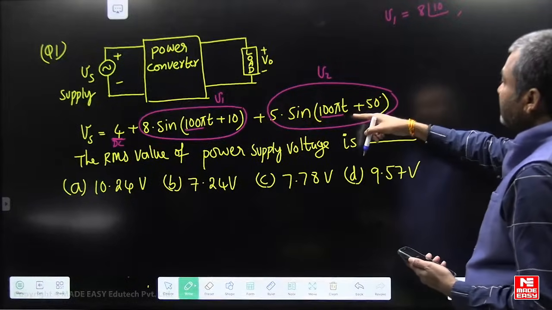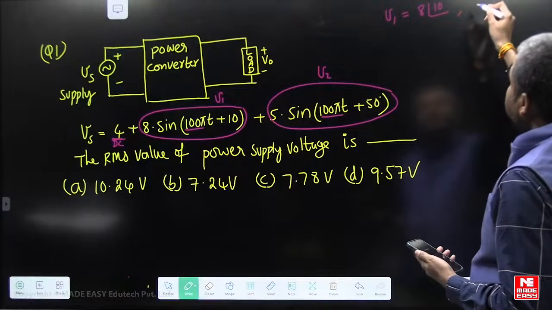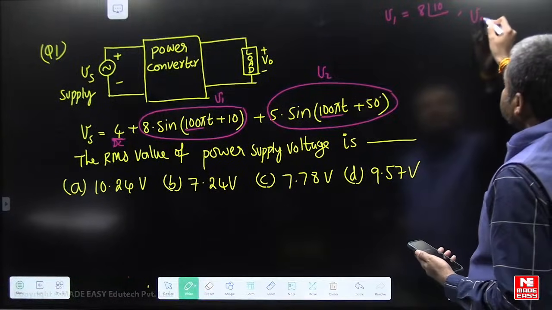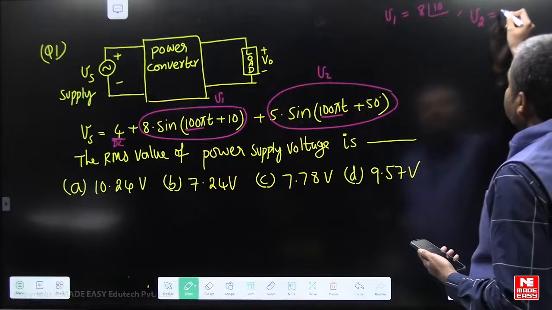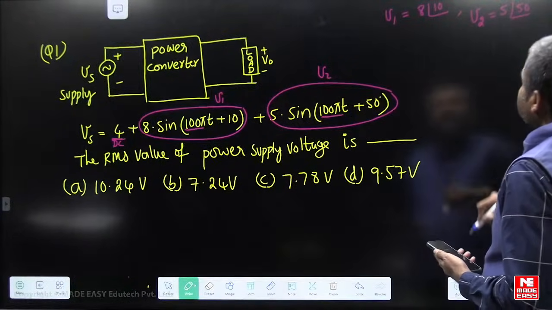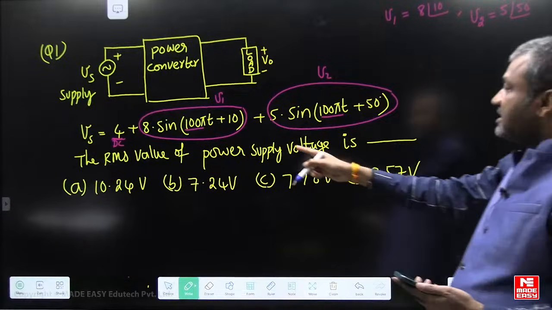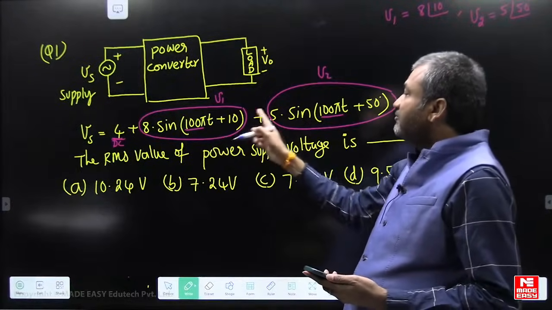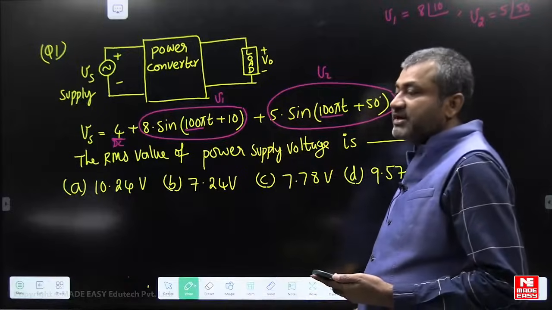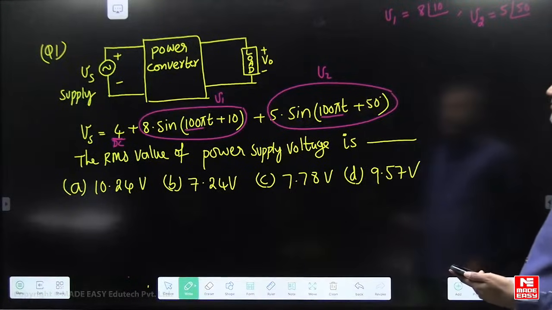When frequencies are the same, you can use direct summation, and V2 is equal to 5 at an angle of 50 degrees. So the frequencies are the same for V1 and V2. They are not harmonic components. That is the important point you have to understand here.